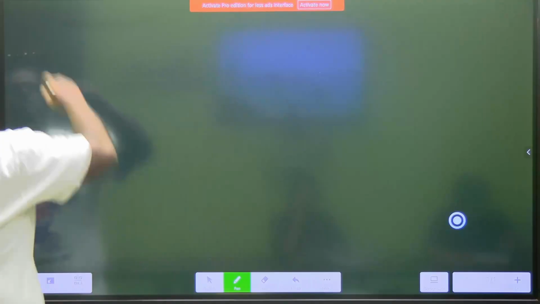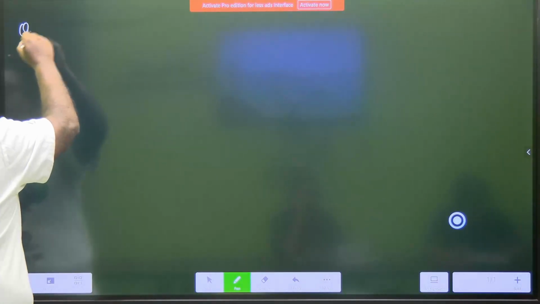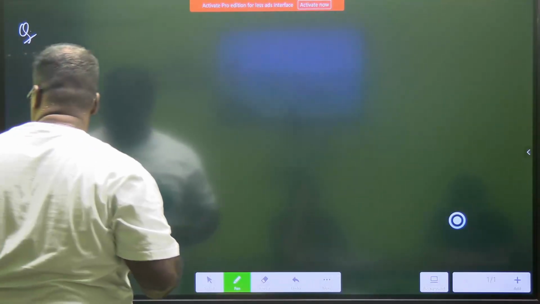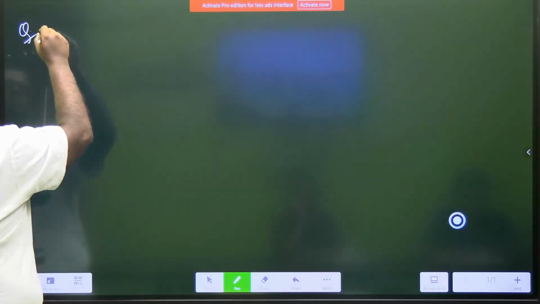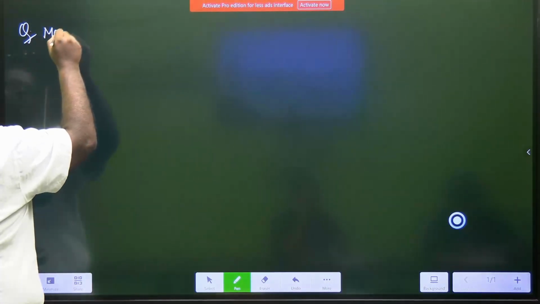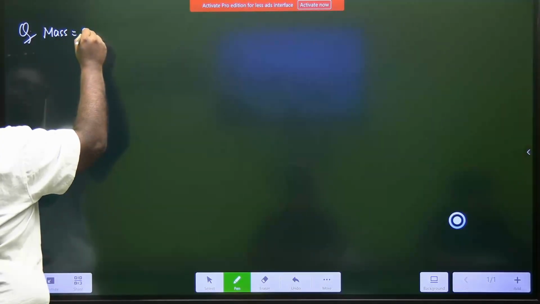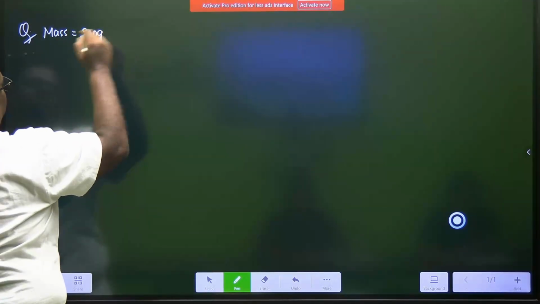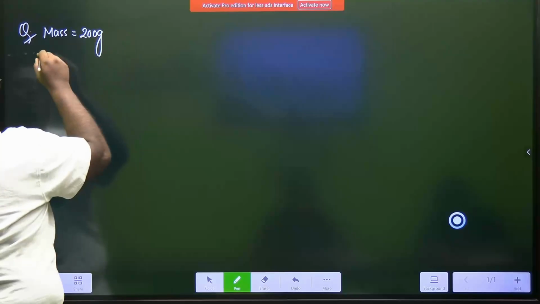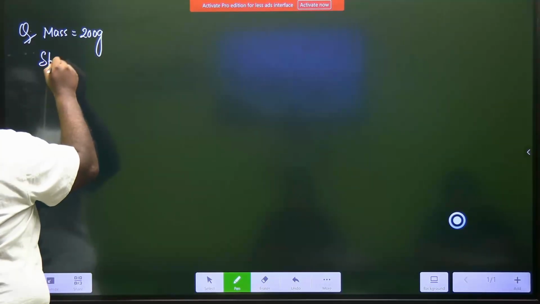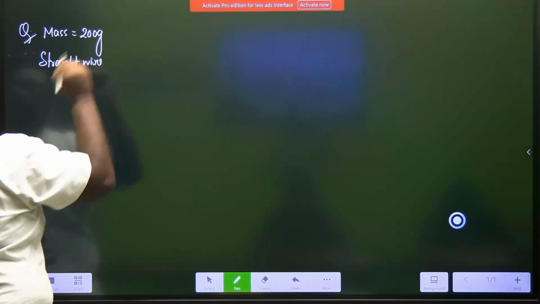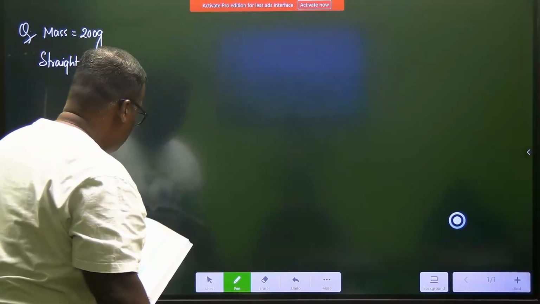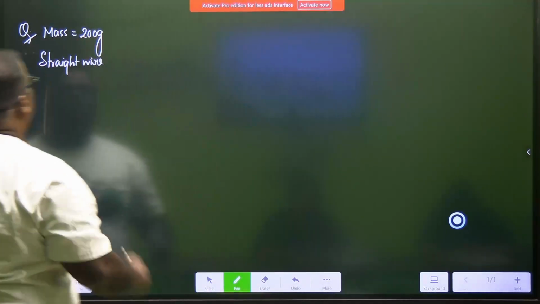So let's take one problem. It says a straight wire of mass 200 grams. So the mass that is given to us is 200 grams, and it's a straight wire whose mass is 200 grams and has a length of 1.5 meters.